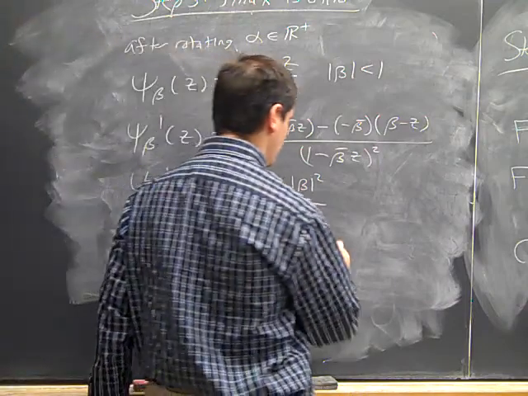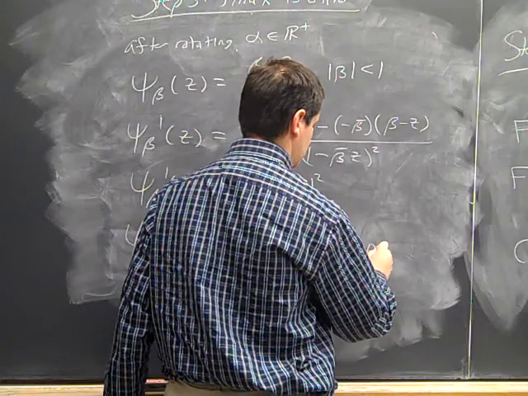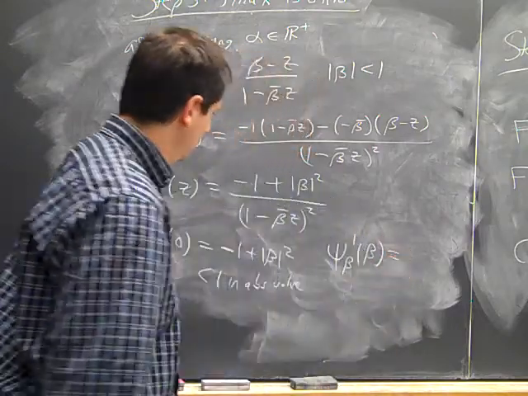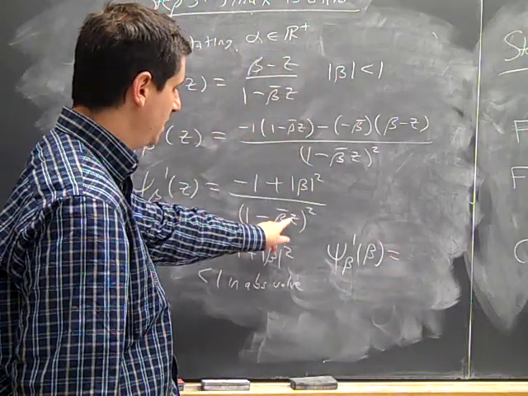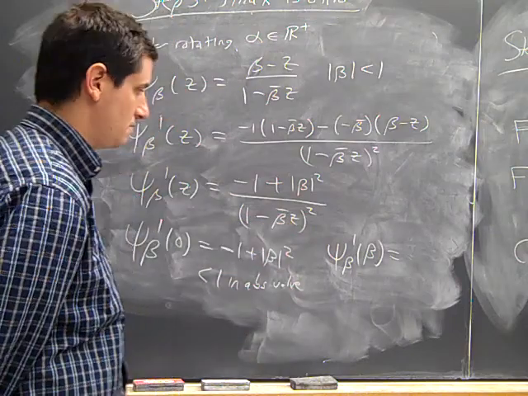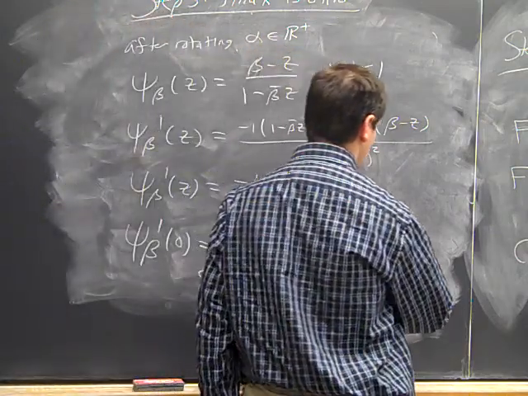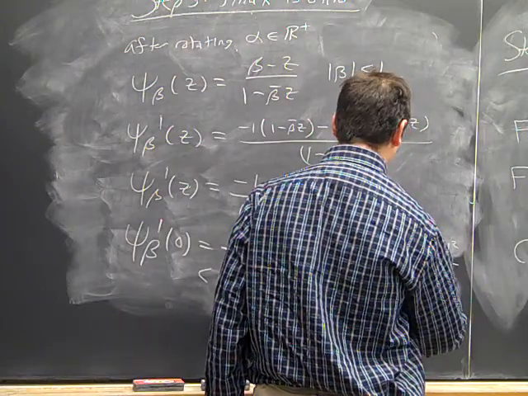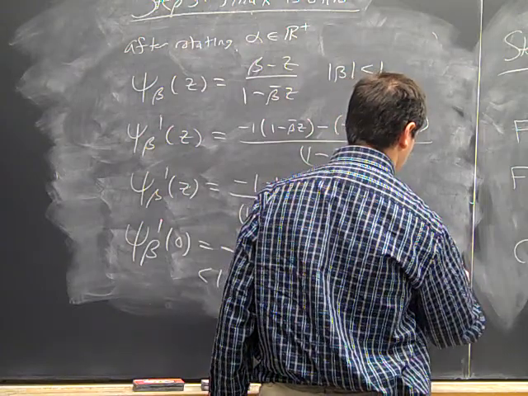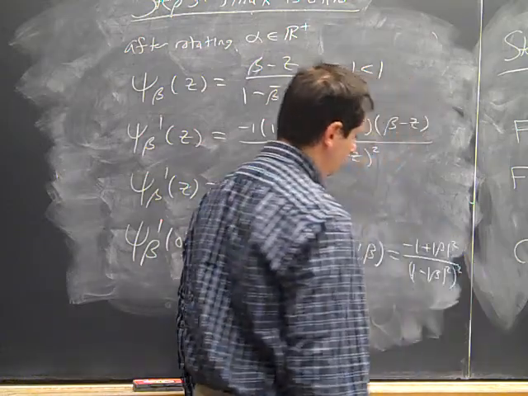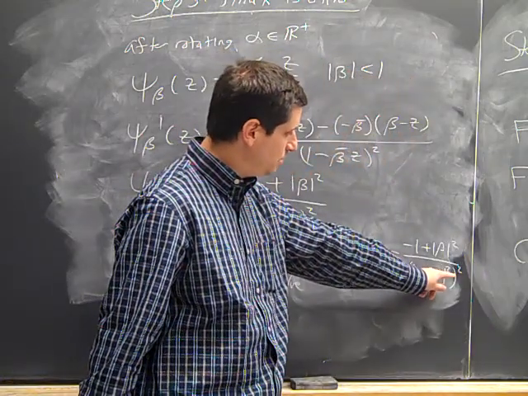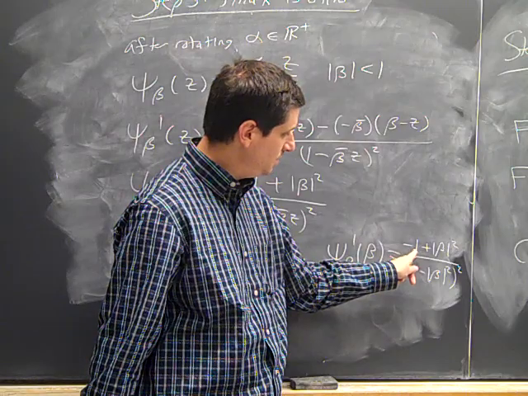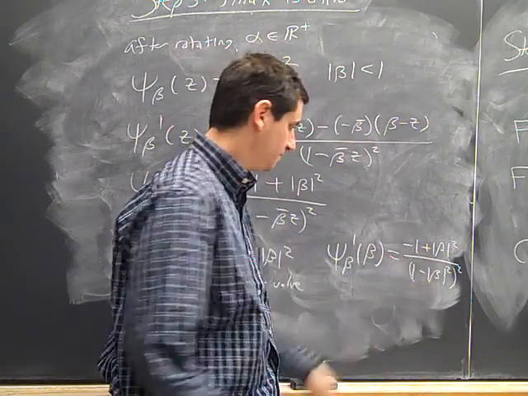And the other place I might want to evaluate it is at beta. And now I have 1 minus beta squared. So I get negative 1 plus beta squared over 1 minus beta squared squared. Well, 1 minus beta squared squared is the same as this with a negative sign.